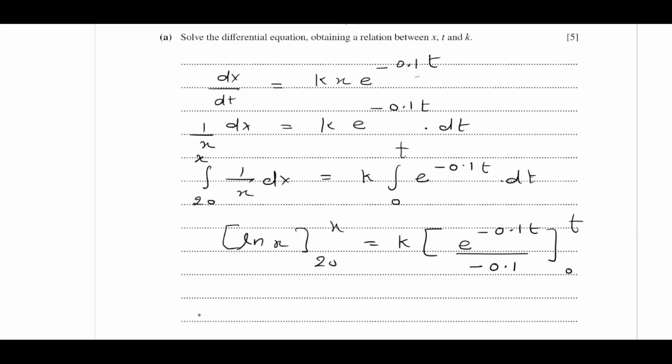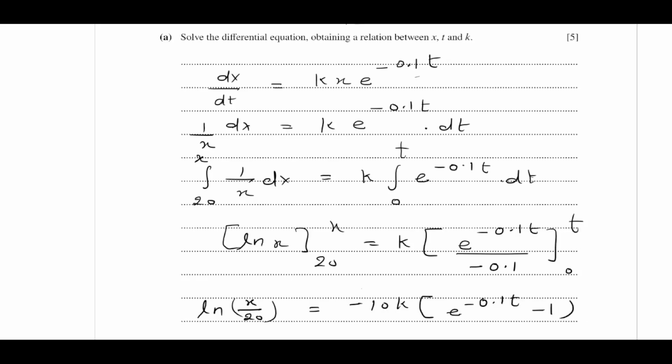So here it is ln x divided by 20 equals, now minus k divided by 0.1 means minus 10k, and here it is e power minus 0.1 t, and if I put 0 in this place, e power 0 will become 1, so it is minus 1.